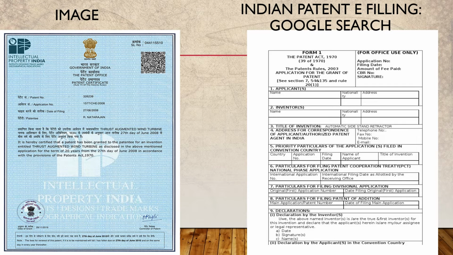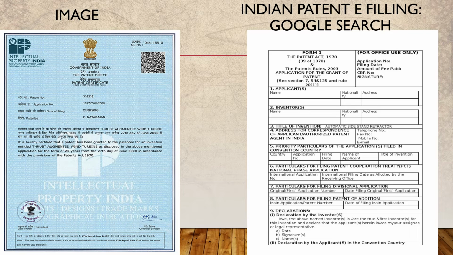This is the image of form number 1 that is prepared according to the Patents Act 1970, that will be available on the IPR website. And these are the details: applicant's name, nationality, address, inventor's name, nationality, address, title of the invention, telephone number, mobile number, email ID.